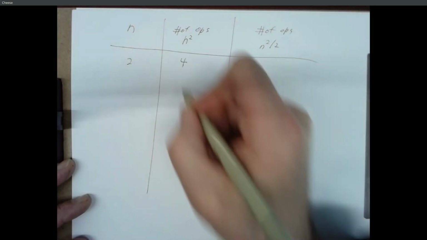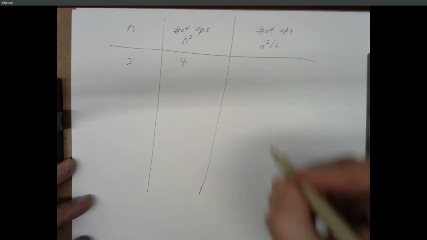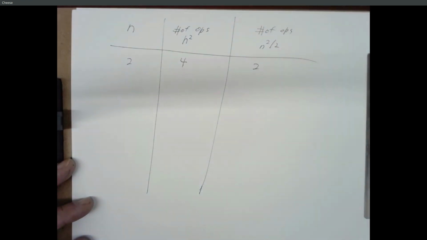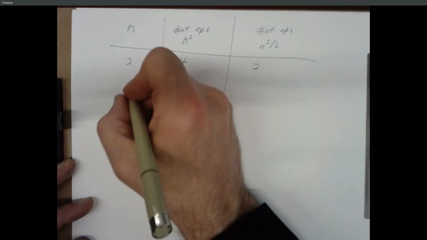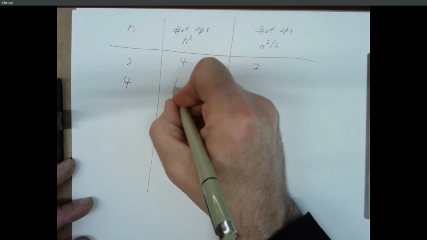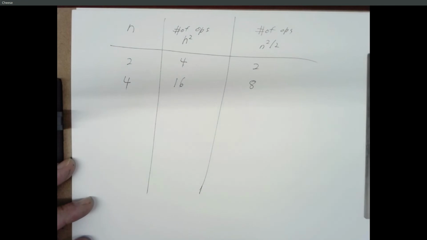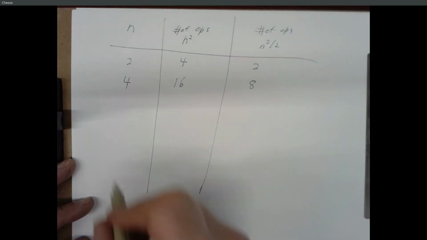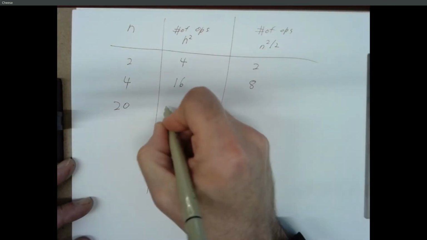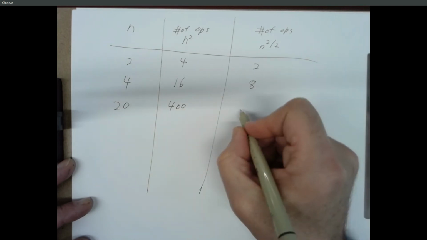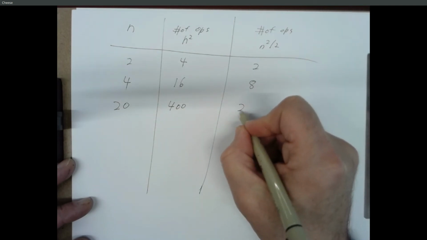That's going to take 4 operations. If it's n squared over 2, it's going to take 2 operations. If n is 4, n squared is going to be 16. N squared over 2 is going to be 8. If n is 20, n squared is going to be 400. N squared over 2 is going to be 200.